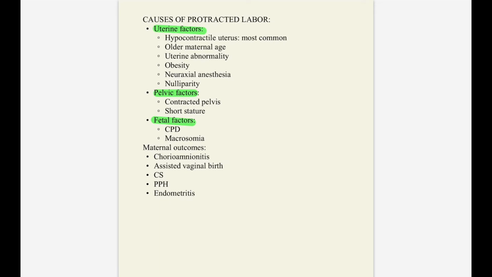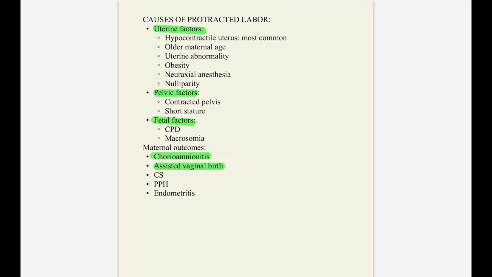And what is the harm of protracted labor to the mother? One is the risk of chorioamnionitis, then the risk of assisted vaginal birth. That means the use of forceps and vacuum, and there are a lot of risk factors with the use of forceps and vacuum.